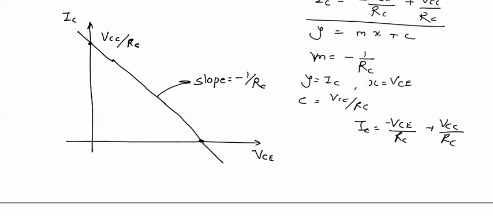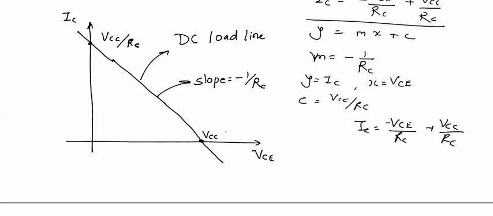If we put IC equal to 0, VC upon RC will be equal to VCC upon RC, so VC will be equal to VCC. Now this is the load line of BJT, or specifically DC load line.